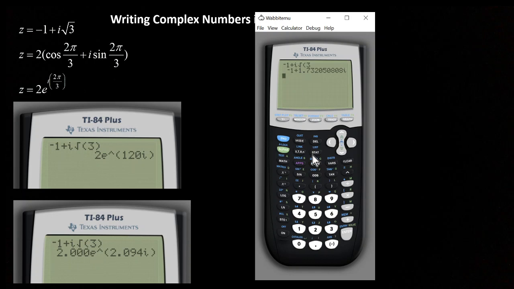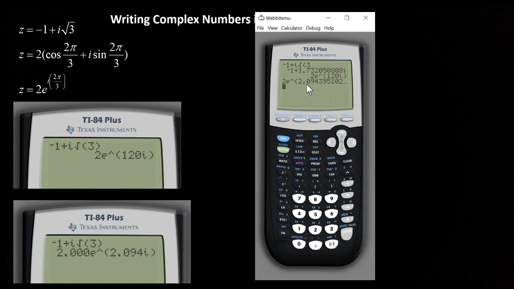Now if I change the mode to exponential form, and do the same thing, press enter, I get the exponential form of it. Since I'm in degree mode, the angle is given in degrees. If I change to radian mode, then this would be in radians.